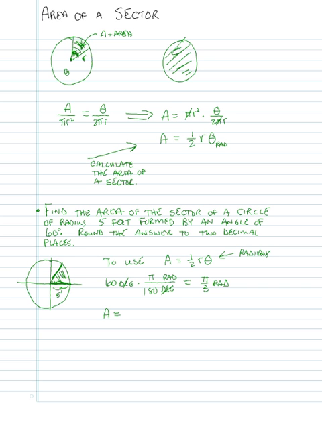Now we're ready to use our formula. So we get A is equal to 1/2 times our radius, whoops. I apologize. That's just what ran into my mind when I was getting ready to use the formula. I made a mistake way up here because I measured circumference.